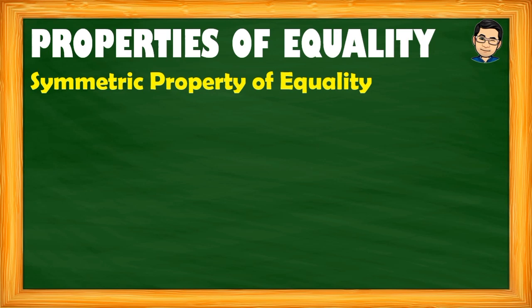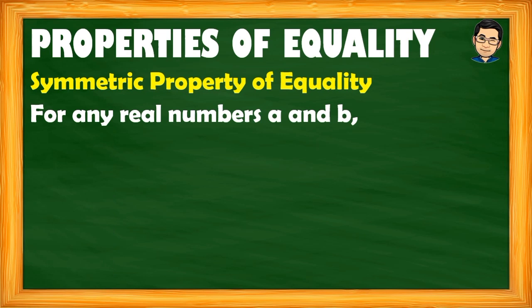Next property of equality is the symmetric property of equality. For any real numbers A and B, dito dalawang numbers na ang kakailanganin, A and B. If A is equal to B, then B is equal to A. As simple as that. Kung yung A equal siya sa B, of course, baligtarin man natin siya, B is equal to A pa rin.